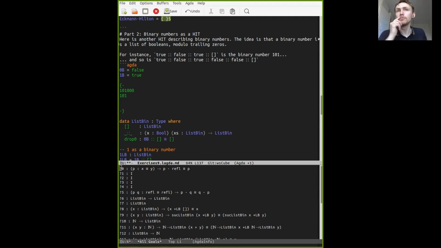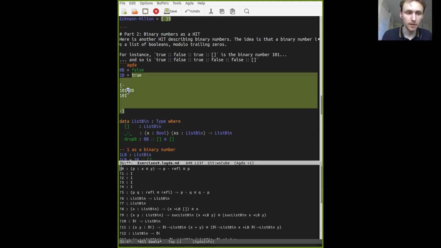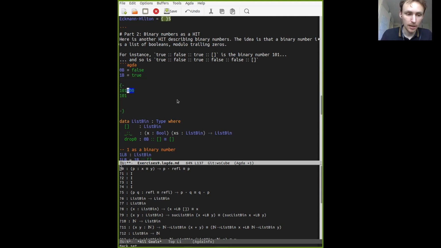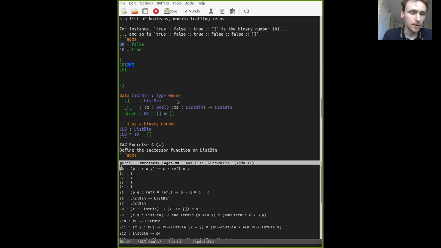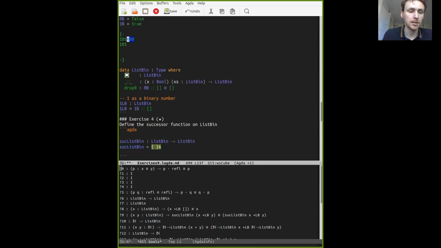So you don't want to allow for trailing zeros, so you want to quotient out, saying that if you have two things that are the same up to trailing zeros, then we should actually say that they're the same. And how do we do this? So what we have here is essentially just our usual list constructor. So I'm going to call it list bin. So we have the empty list of Booleans, and we have the list constructor, which takes a list of Booleans and adds a new element on the left.